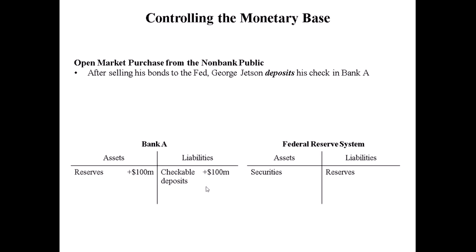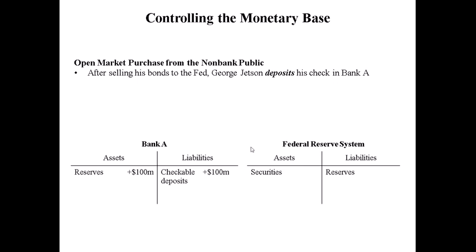Because Bank A's liabilities, or checking account deposits, increased by $100 million, now the bank has $100 million in reserves that it can lend out or not.